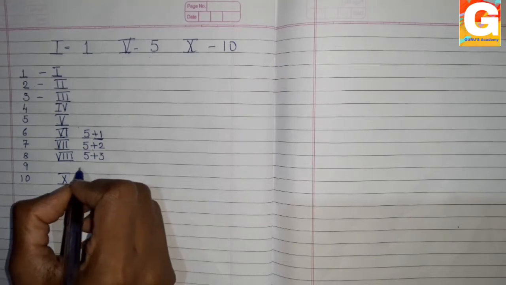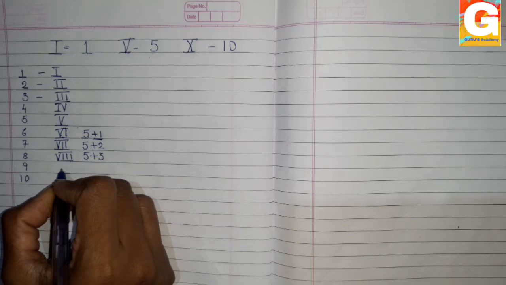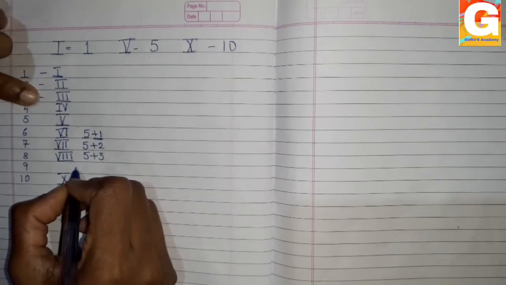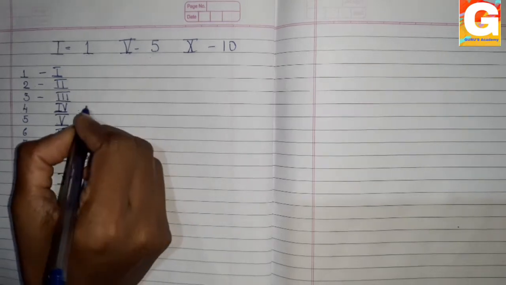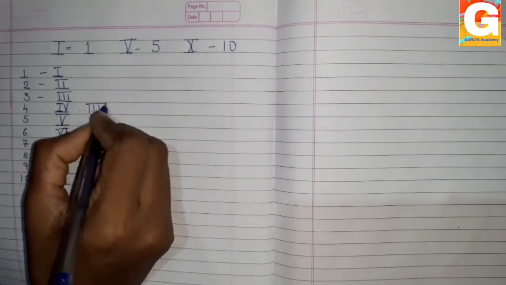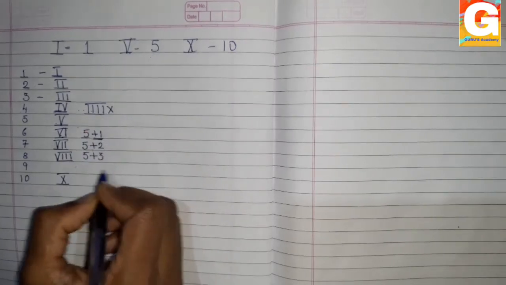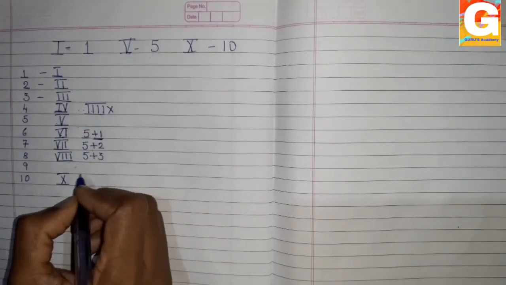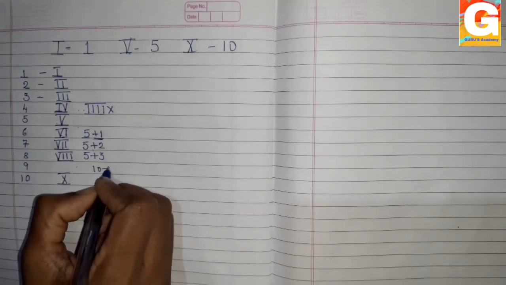Now, 9 means what? 5 plus 4. So are we supposed to give 4 lines? Now here comes the doubt: when we write 4, have we given 4 lines? Have we written like this? Is this the correct way to write? No, this is the wrong way. So how are you going to write 9? Now 9 means what? 10 minus 1.